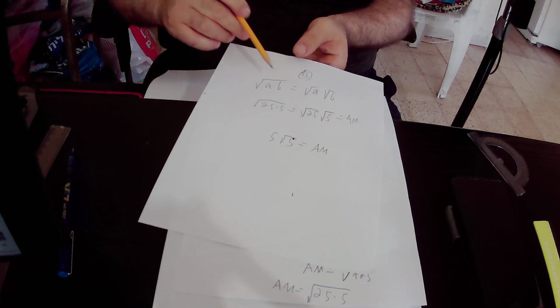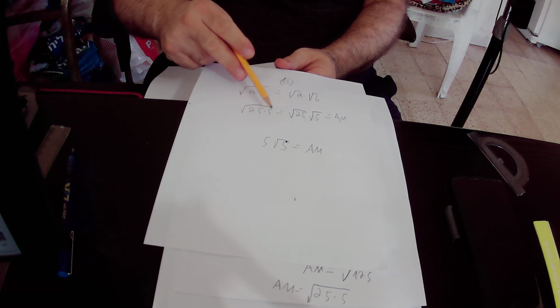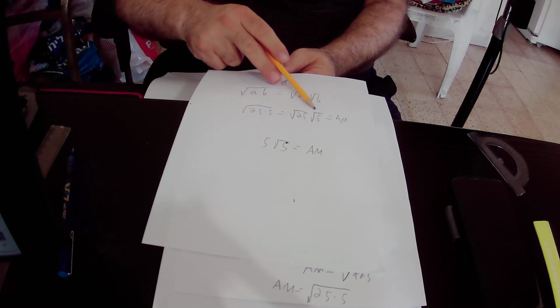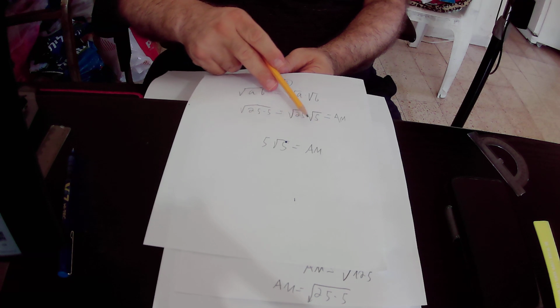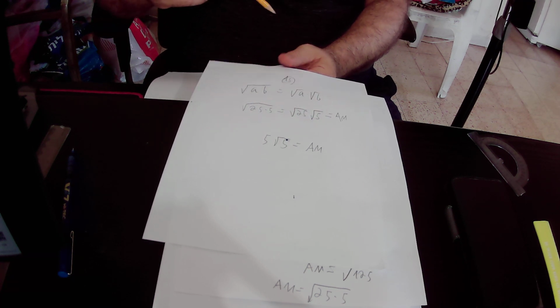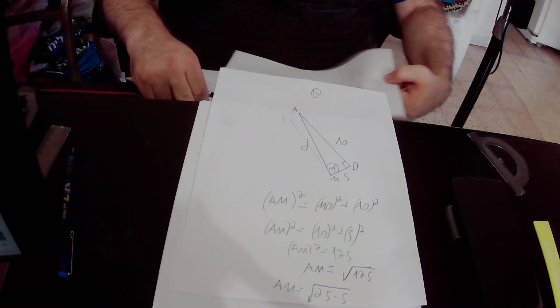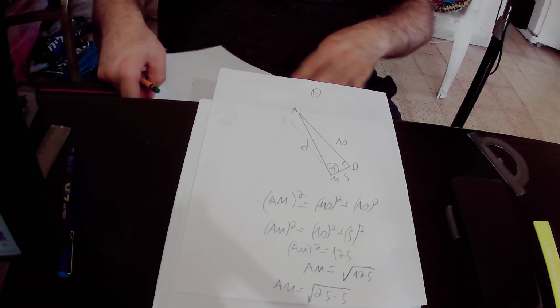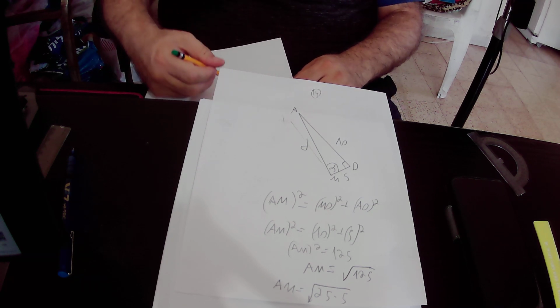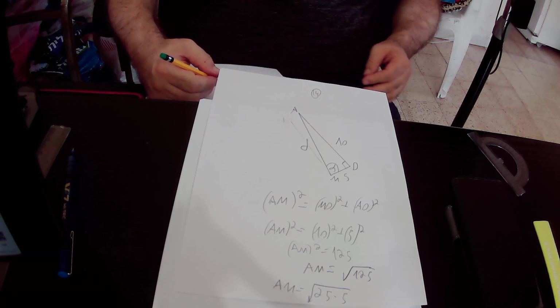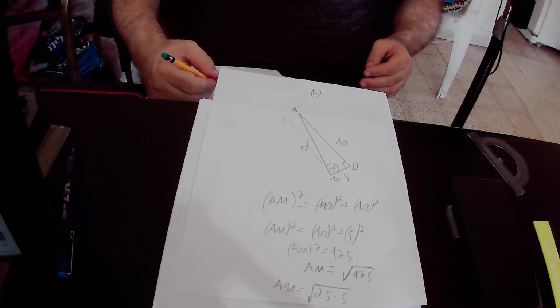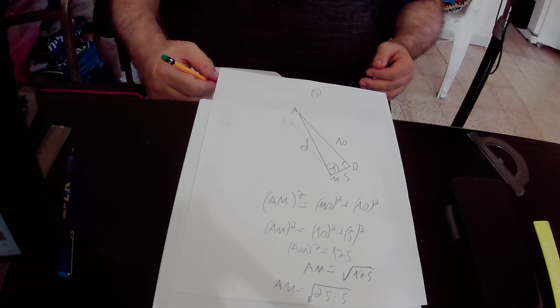Okay, so the square root of 25 times the square root of 5 equals 5 times the square root of 5, which equals AM. AM equals the diameter of the circle. We defined AM as the diameter of the circle because it is a string that passes through the center of the circle.